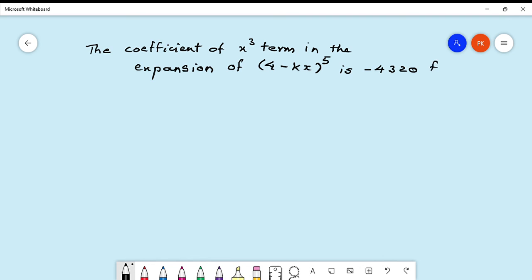Find k. So again, 4 minus kx, I will write it as 4 plus negative kx to power 5.